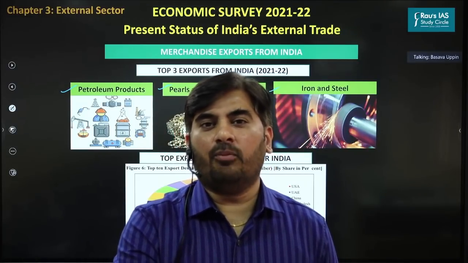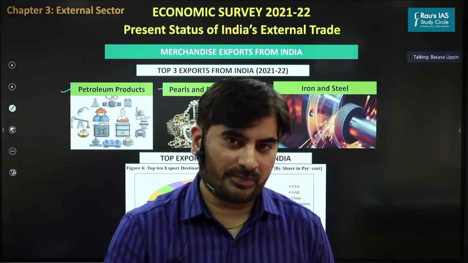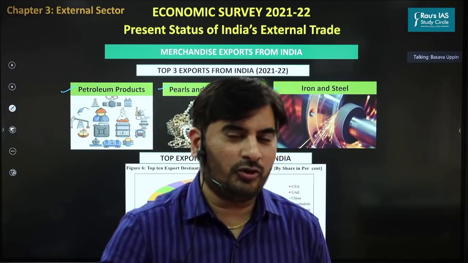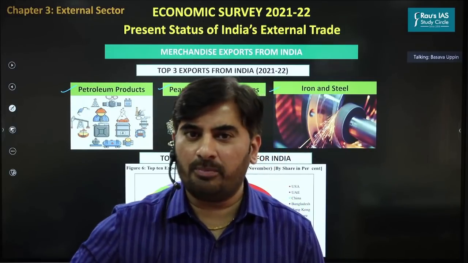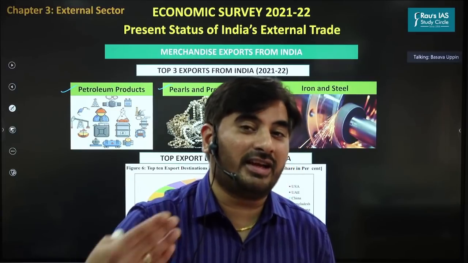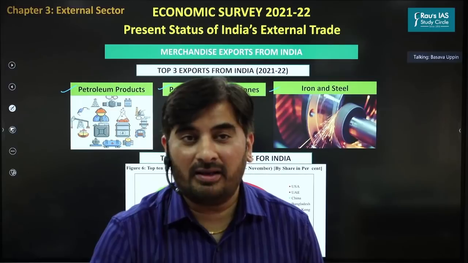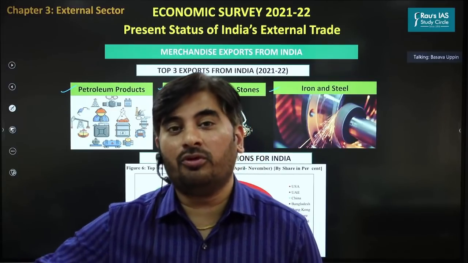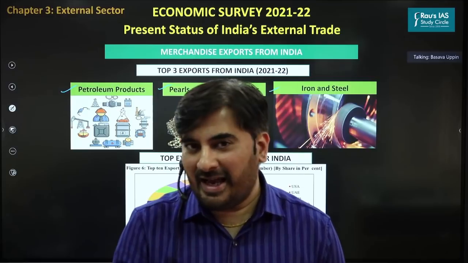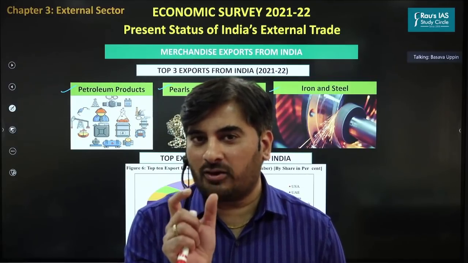So basically, we import crude oil from Gulf countries. The crude oil so imported is in turn refined into petrol, diesel, and other petroleum products. And these petroleum products are in turn exported to other countries, such as Nepal, Sri Lanka, Singapore, Malaysia, UAE, and so on. So India as such has a unique geostrategic location.